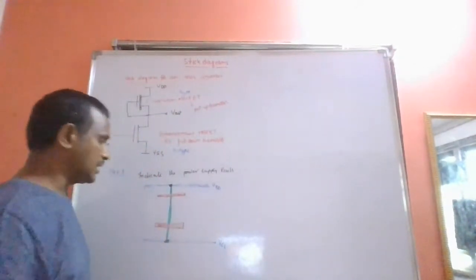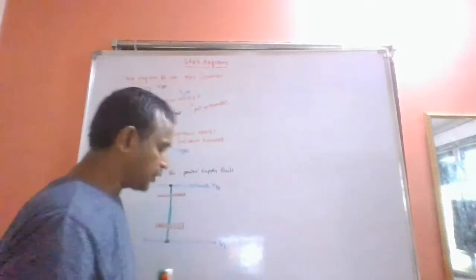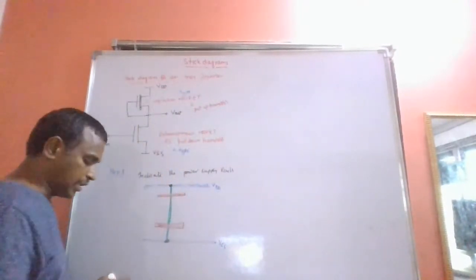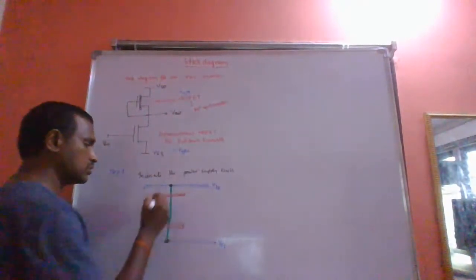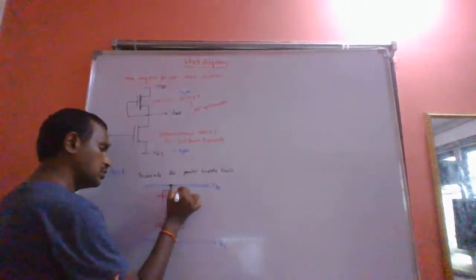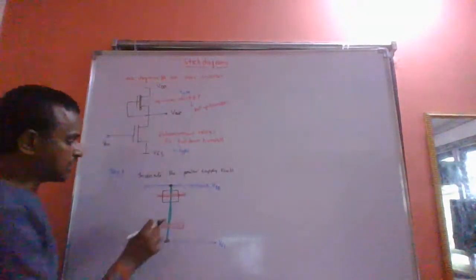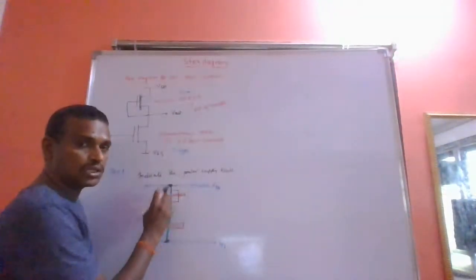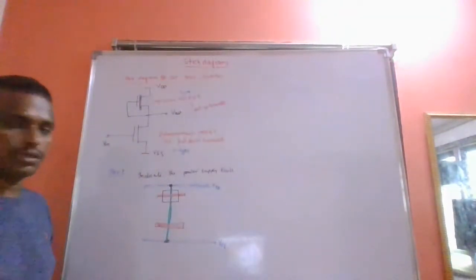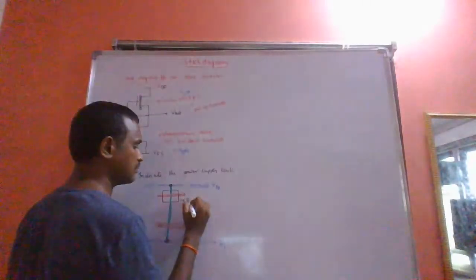We can represent it by placing an implant, which is represented with this square box. So this is the implant. Previously this was an enhancement transistor, and now it becomes the depletion transistor.